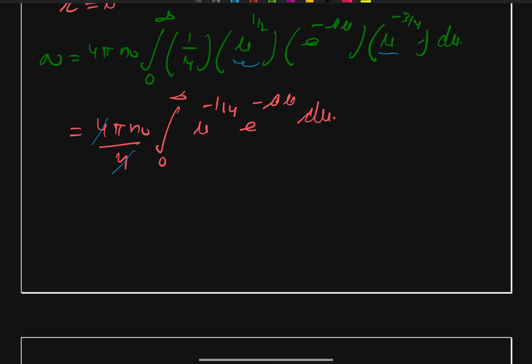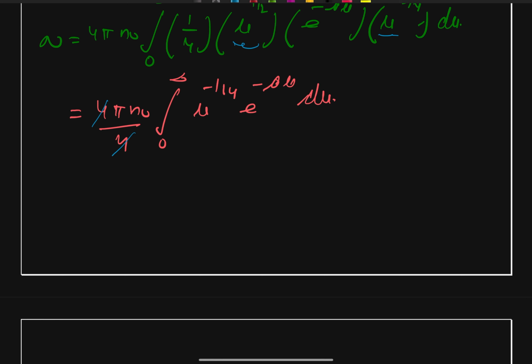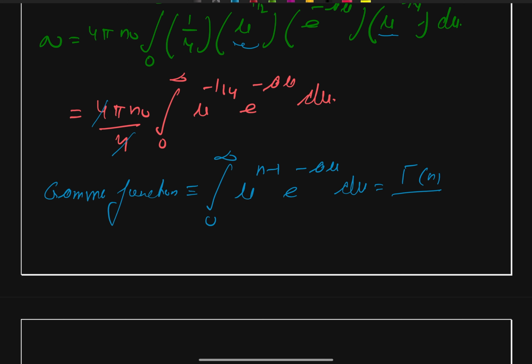Okay, so we can say we are having a gamma function which gives integral 0 to infinity u of n minus 1 e raised to power minus alpha u d of u, and this gives us gamma of n divided by alpha raised to power n, and here n is equal to 3 by 4.